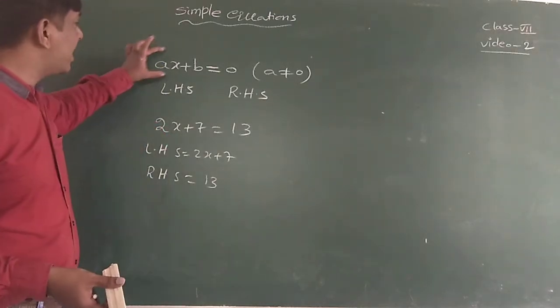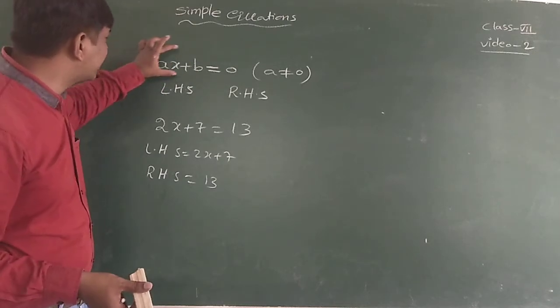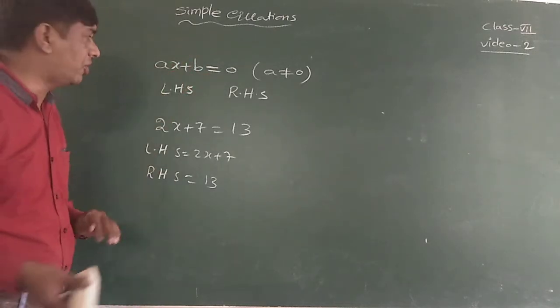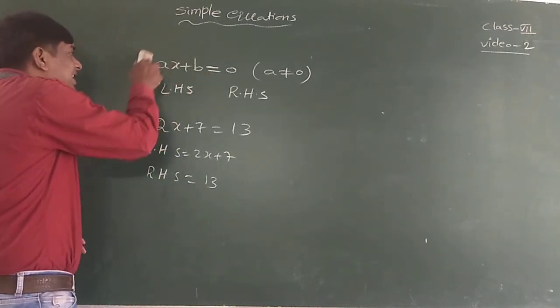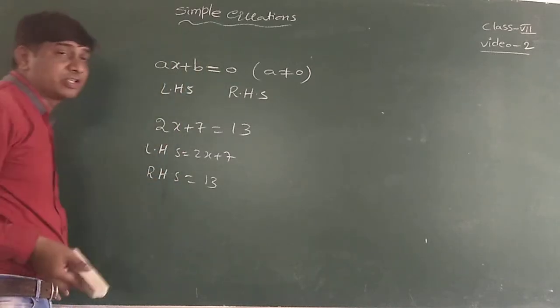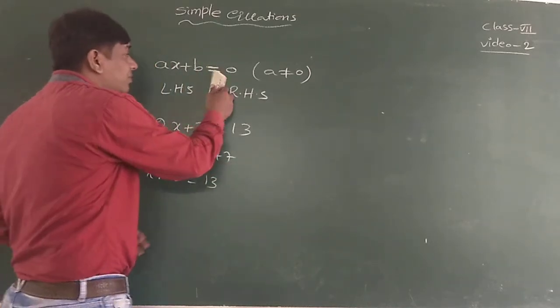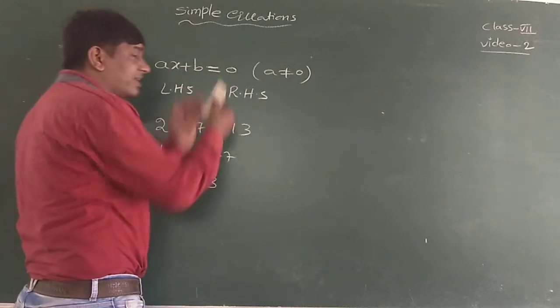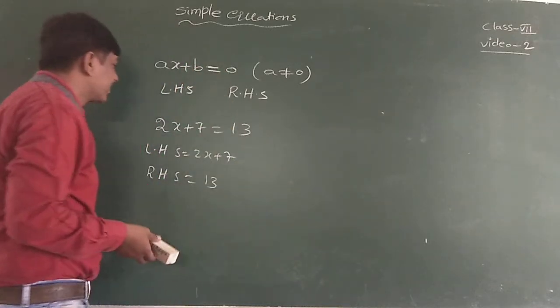The general form or standard form of the equation is ax plus b is equal to 0. Here ax plus b is the left hand side, and the 0 on the right of the equal sign is the right hand side.